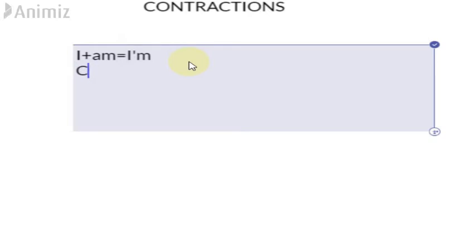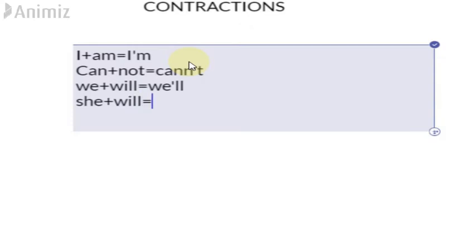can plus not is equal to cannot. We plus will is equal to we'll. She plus will is equal to she'll.